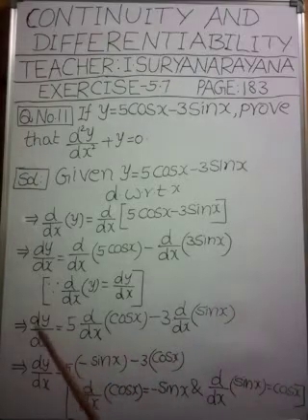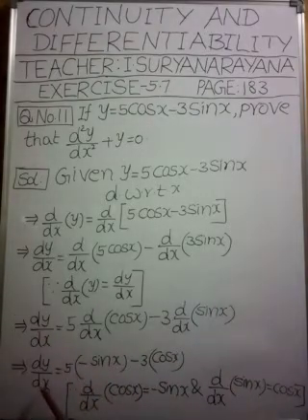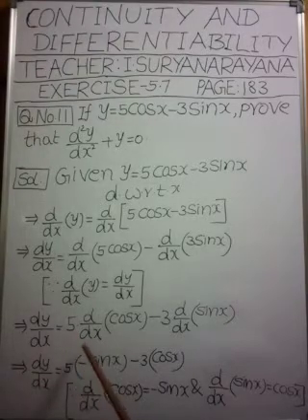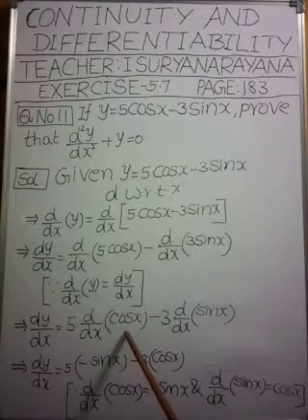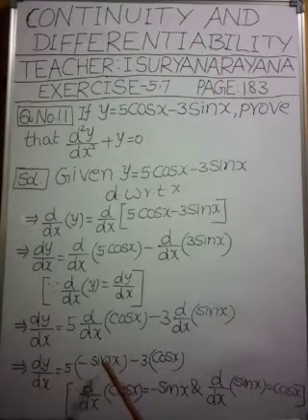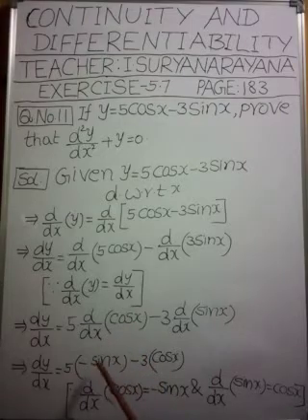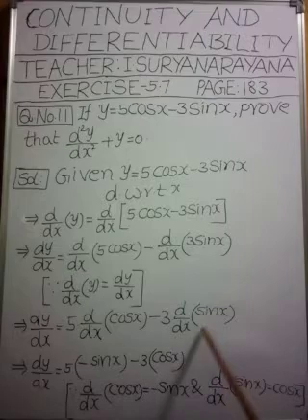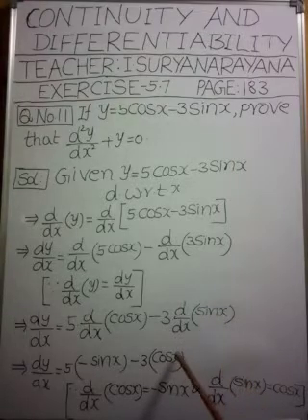This implies I wrote LHS as it is, dy by dx is equal to 5 into d by dx of cos x. What is the value of d by dx of cos x? Minus sin x. Do you remember this formula, my dear children? Minus 3 into d by dx of sin x. What is the value of d by dx of sin x? cos x.